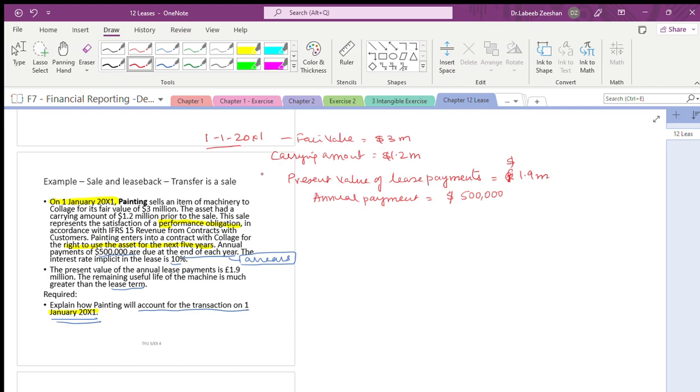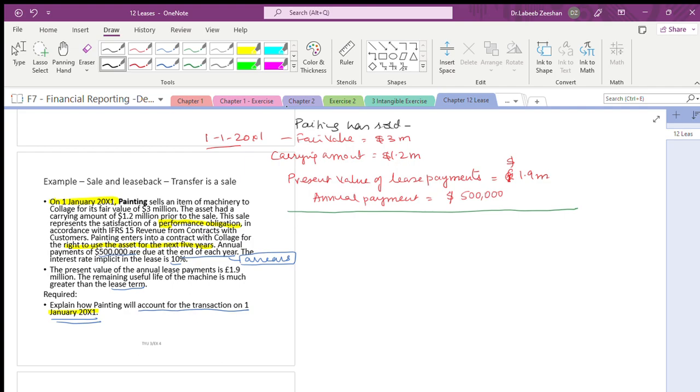Now see what they have said. Painting has sold the asset. When they have sold, they should not show it as an asset. But what happens?